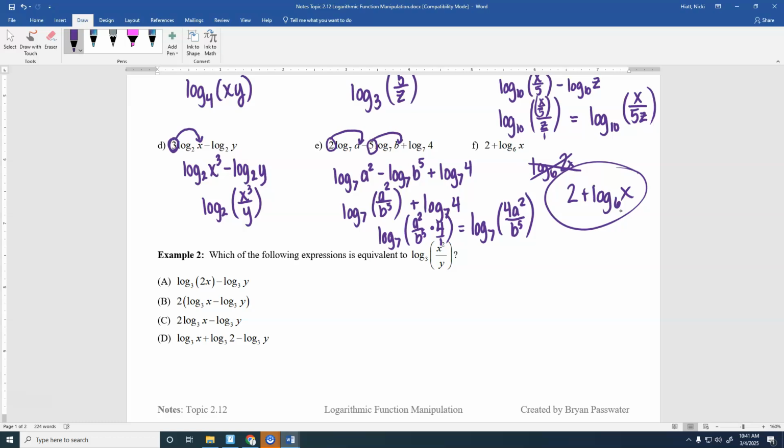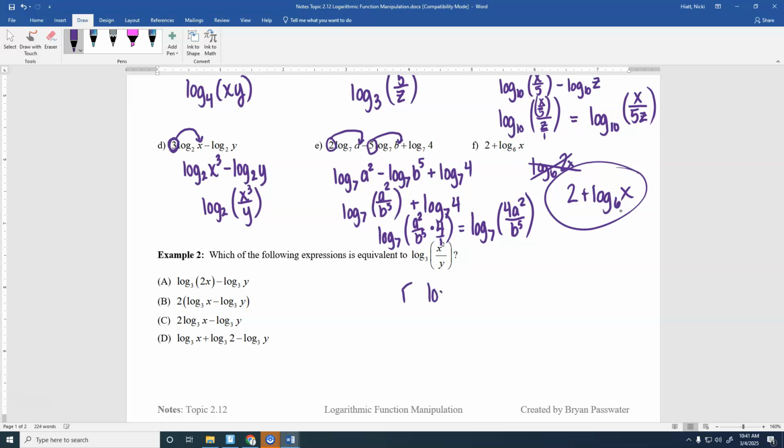Okay, questions? All right, example 2 is asking you to go backwards. It's asking you to break it back apart. So I have that square right there on the top. Does it go with the whole thing or just with the x? It's just with the x. So can I pull it out as an exponent right now? I cannot. I've got to break up that division first.